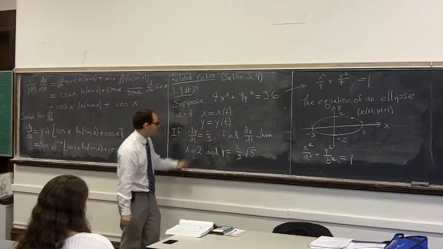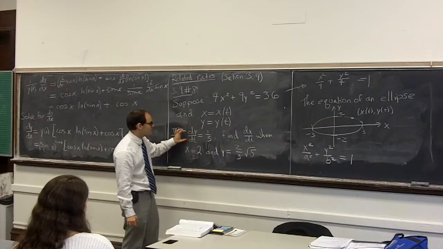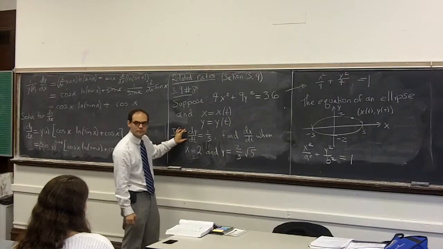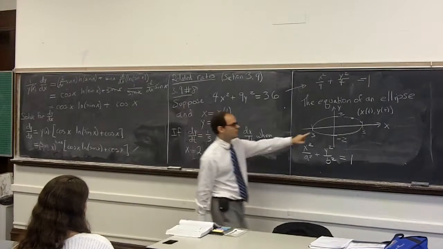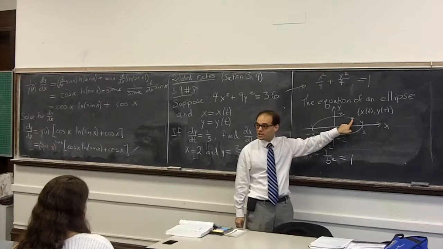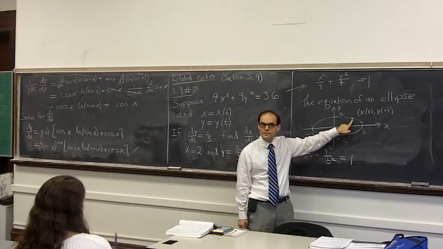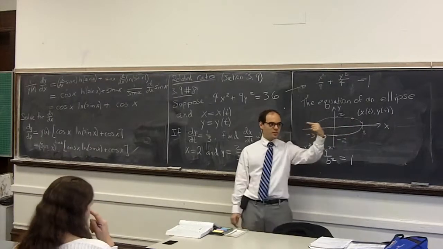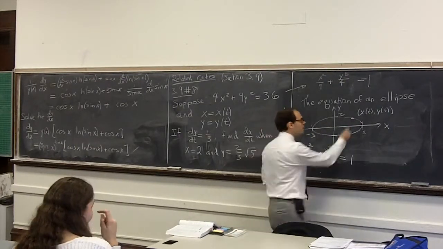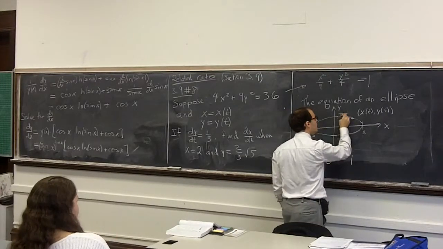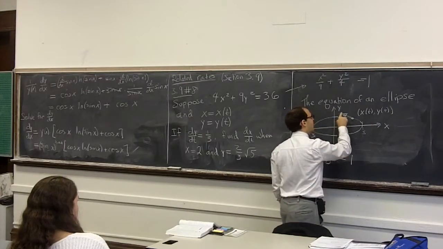Rough sketch. And let's see, dy dt is increasing. So which way is this point moving? Y is going up, and it's got to stay on the ellipse. Which way is it going? Yeah, it's going this way. I'm seeing some fingers go this way. It's going that way.